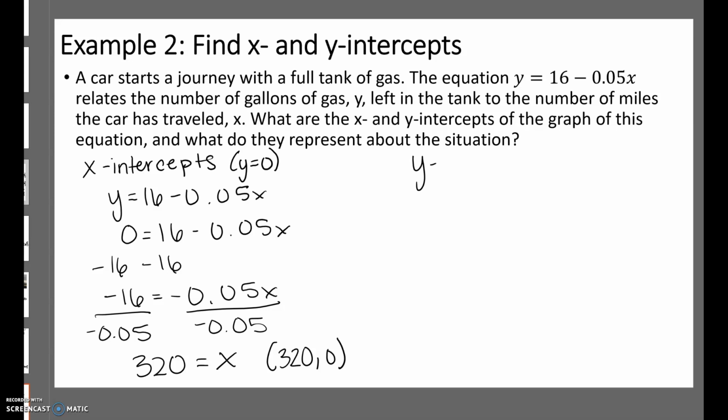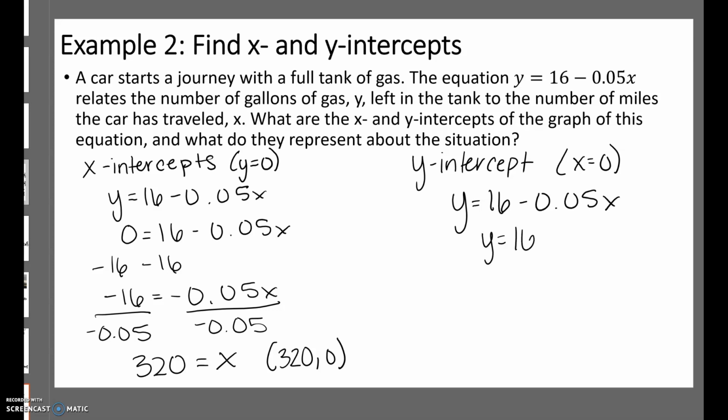And then my y-intercept, same idea, except it's on the y-axis, so now x equals 0. So y equals 16 minus 0.05x, and I'm going to put a 0 in for x now. So I have y equals 16. So my y-intercept would be (0, 16).